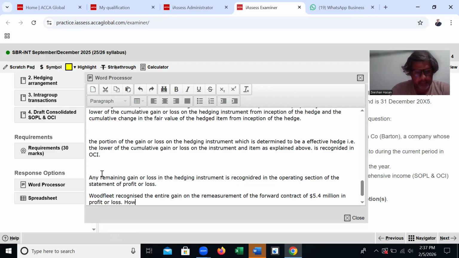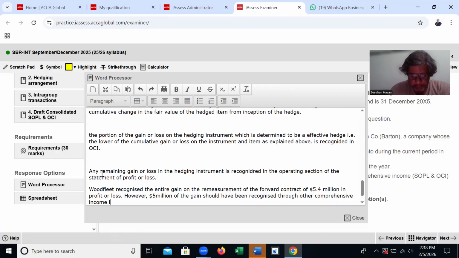However, $5 million of the gain should have been recognized through other comprehensive income, treated as an item which may be reclassified to profit or loss.